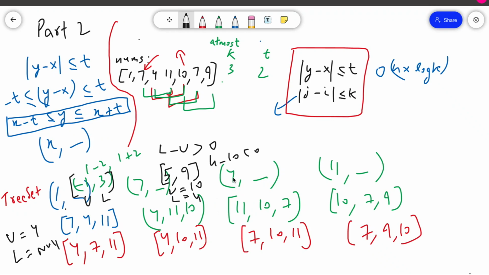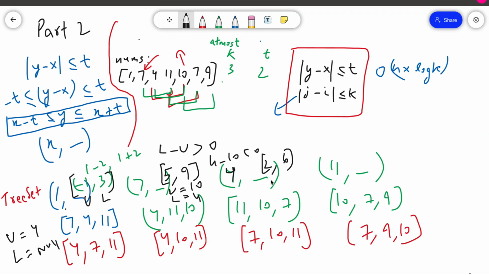Now we will move on to the next number, which is 4. Okay, so the range for the next number of a pair which contains 4 is 4 minus 2, 2, and 4 plus 2, 6. 2 to 6.